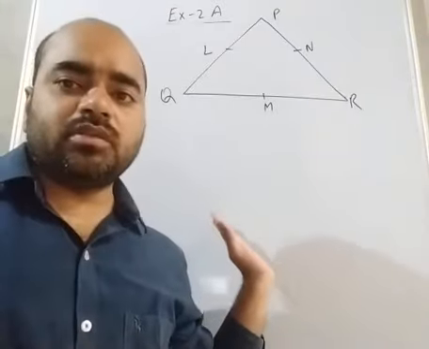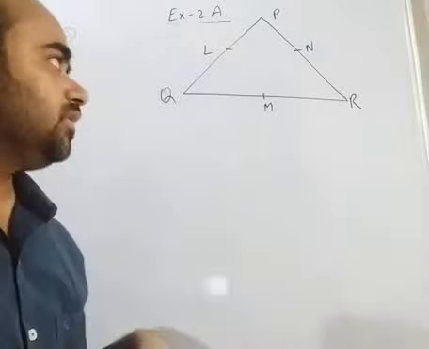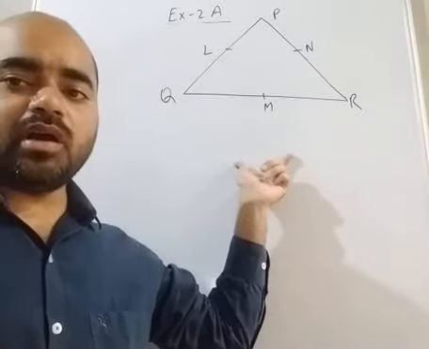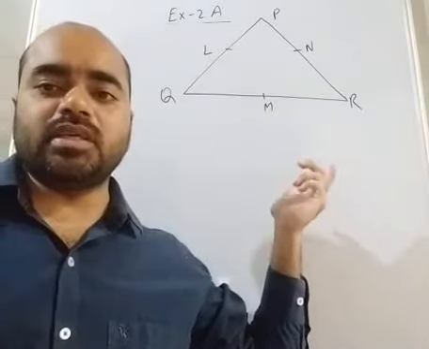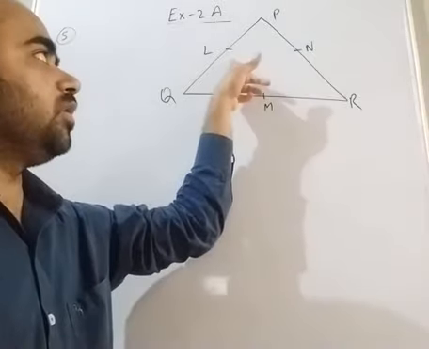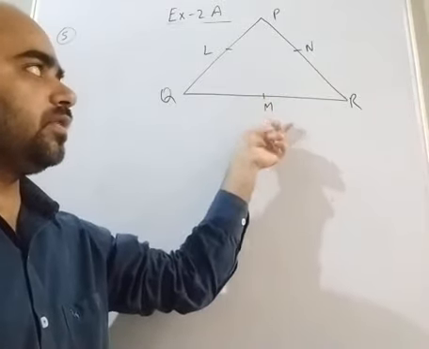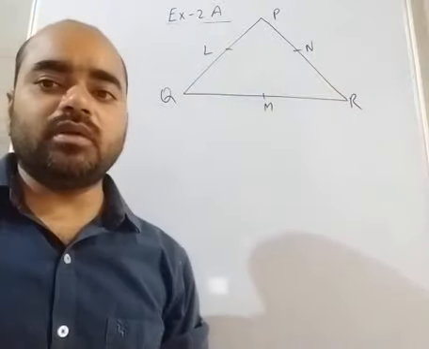In the next question, question number 5, again what is given? In triangle PQR, midpoints of all the sides are given. L is the midpoint of PQ, M is the midpoint of QR and N is the midpoint of PR.